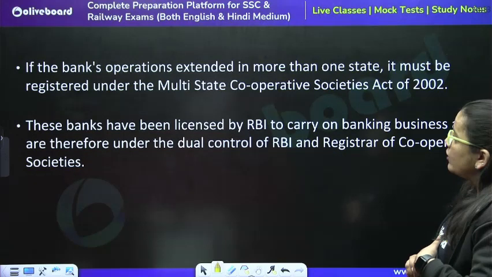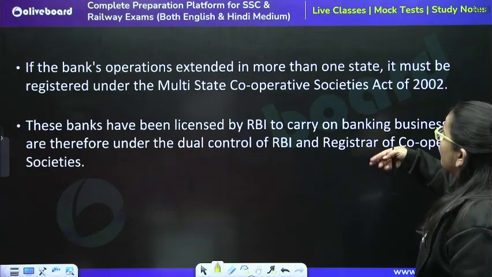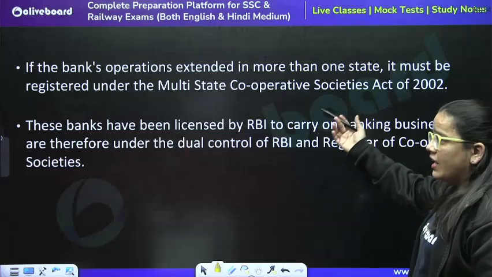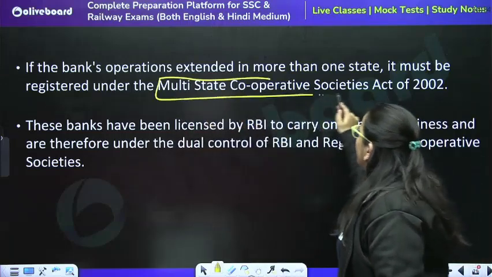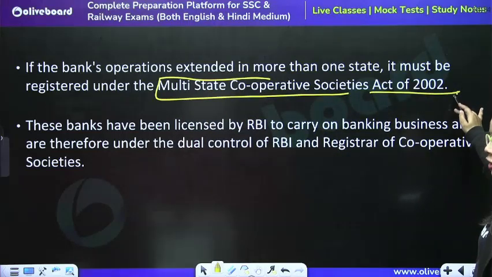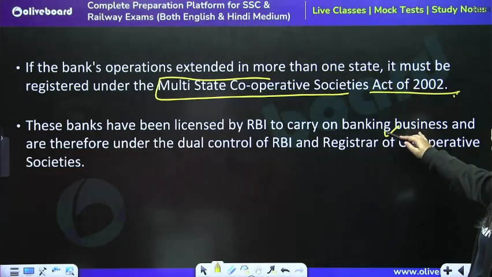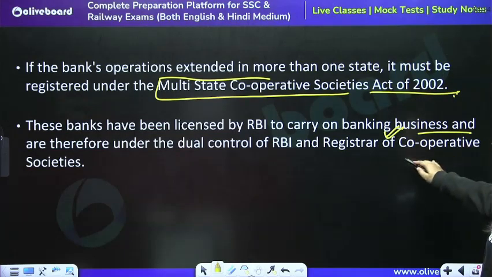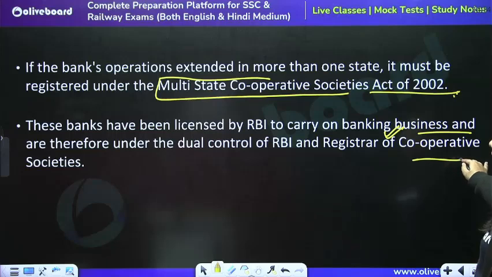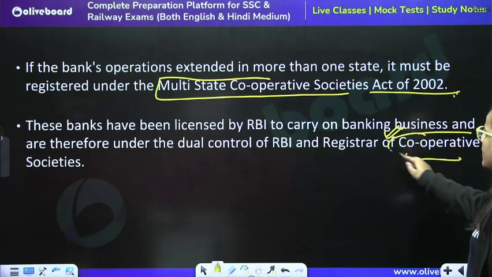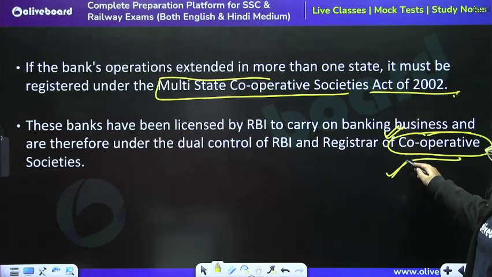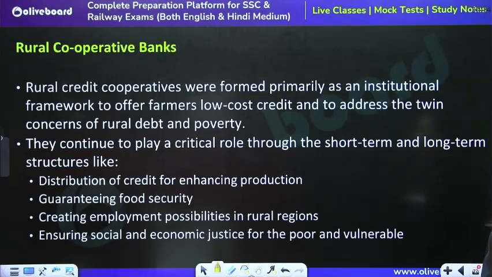If the bank's operation extends to more than one state, it must be registered under the Multi-State Cooperative Societies Act 2002. These banks have been licensed by the RBI to carry on banking business and are therefore under the dual control of the RBI and the registrar of cooperative societies. So their share stake is also divided between these parts.